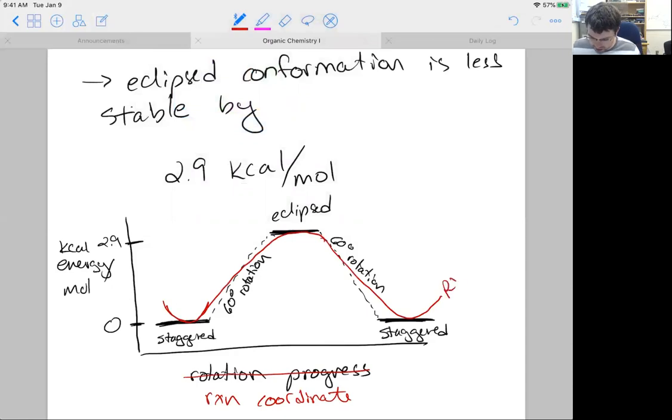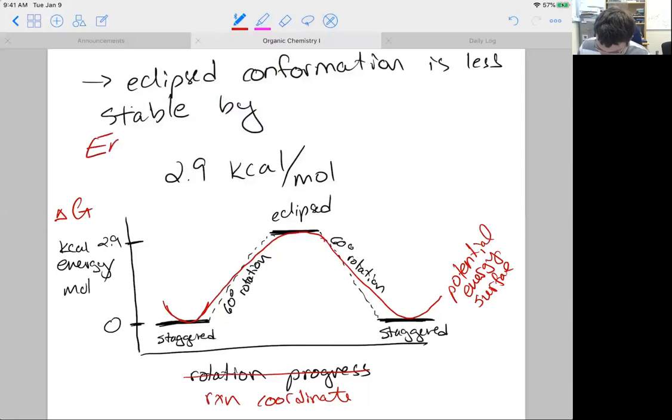If you look at this, the red curve is a potential energy surface where the y-axis is delta G, or the change in free energy. We started at 0, we went up 2.9 kcals. And then our rotation progress is the same as our reaction coordinate, that arbitrary x-axis where we're just changing the arrangements of atoms. So this is an energy diagram for free rotation.